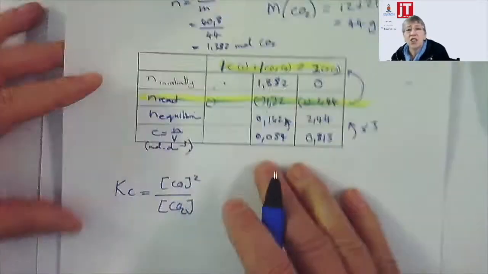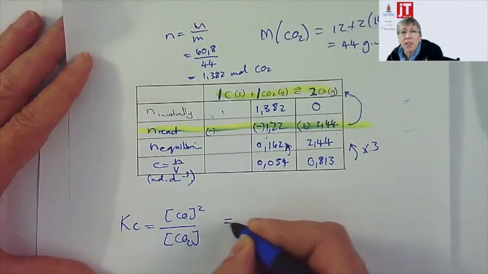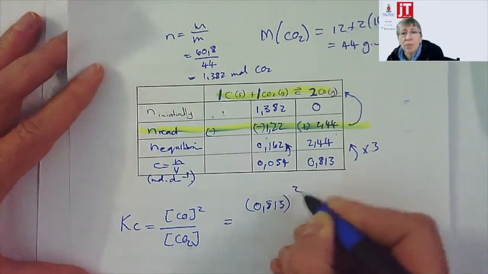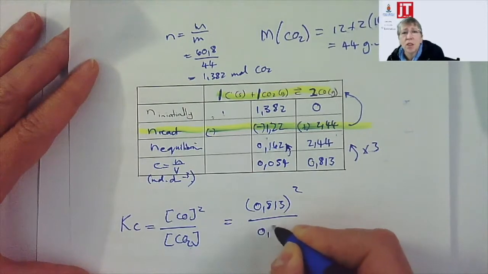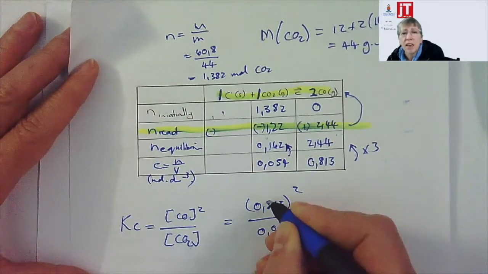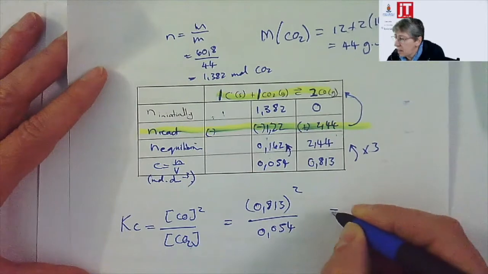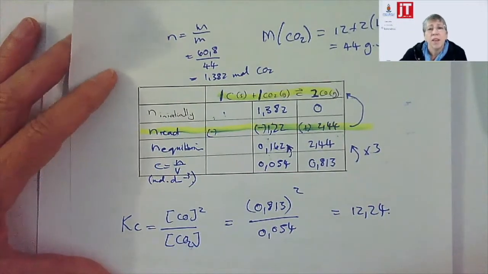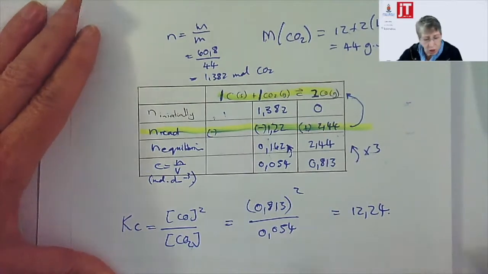Right, and then it's just a question of putting it in there. So now I've got 0,813, and remember to square, divided by 0,054, and if you do that, you end up with 12,24. Right. So this has answered the first question.